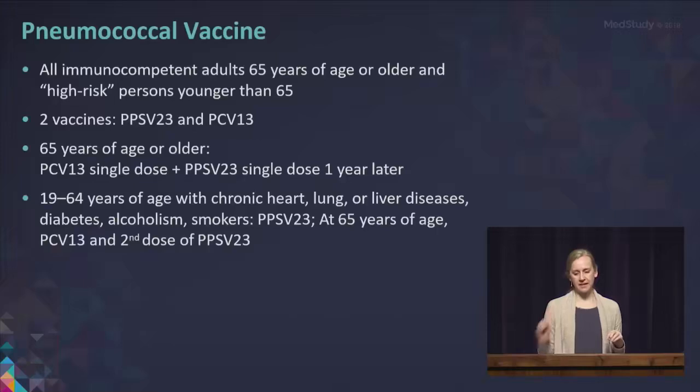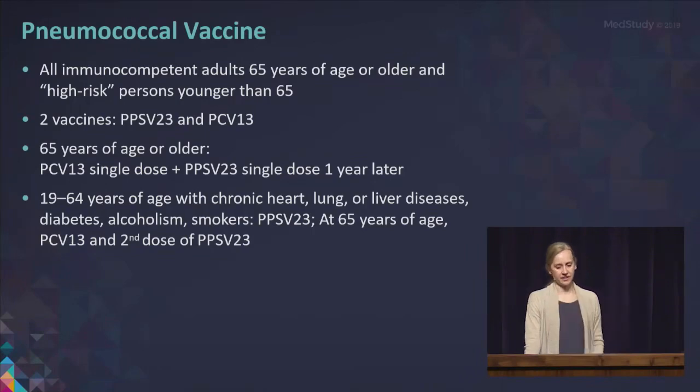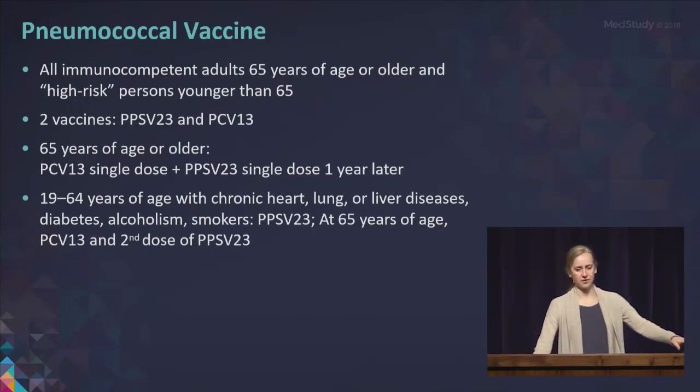So for the PPSV23, it's anyone with chronic heart, lung, liver disease, diabetes, alcoholism, or smokers, okay? So what this means is almost all of my patients get the PPSV23 before they turn 65, right? And then at 65, I give them this PCV13, and then 1 year later, the PPSV23, okay?